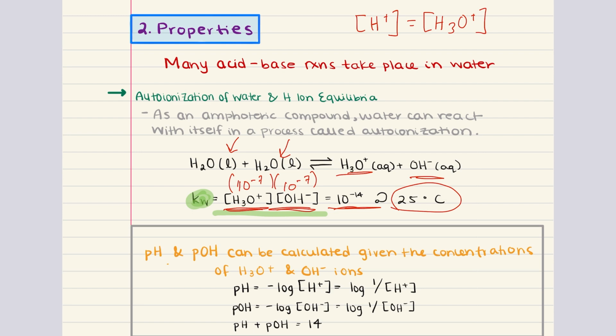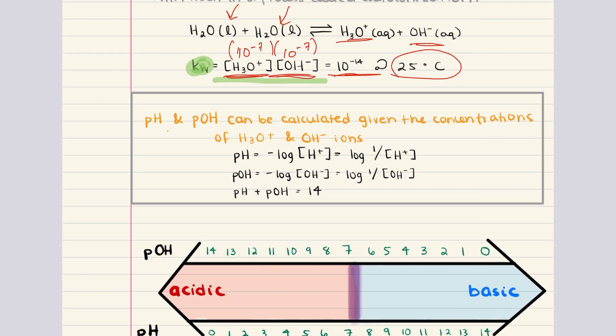Next, I want to further explore hydrogen ion equilibria. Hydrogen ion equilibria refers to the balance between hydrogen ions and hydroxide ions in aqueous solution. The concentration of these ions determines the pH and pOH of the solution. Now, a p-scale is defined as the negative logarithm of the quantity. Let me elaborate.